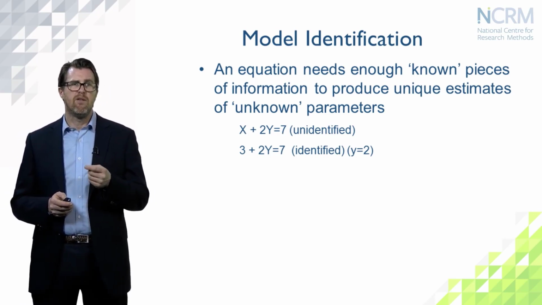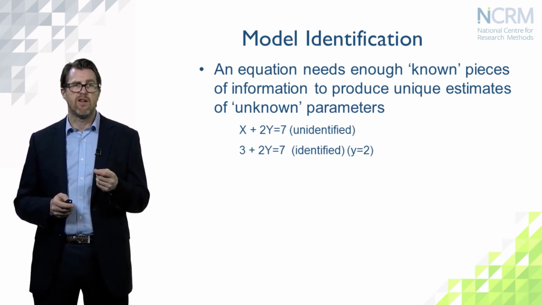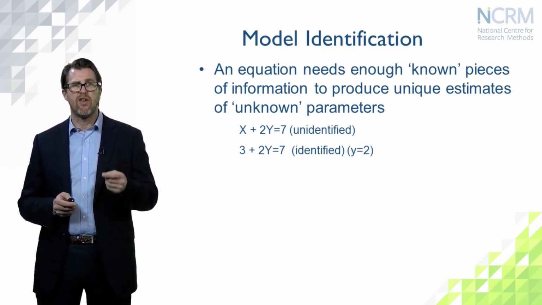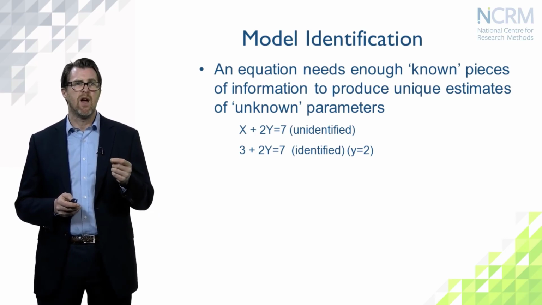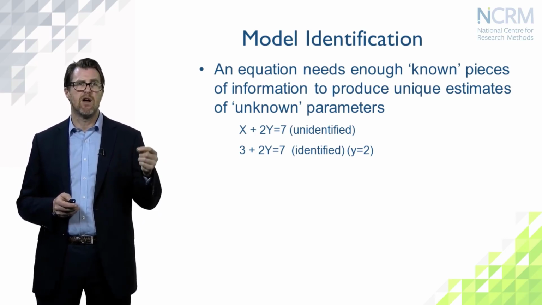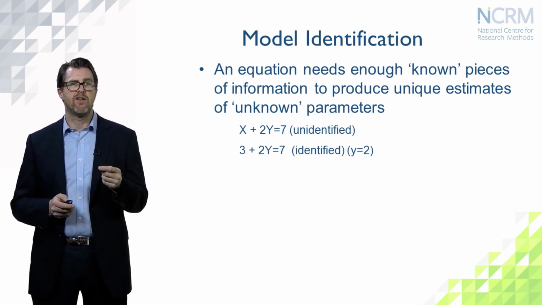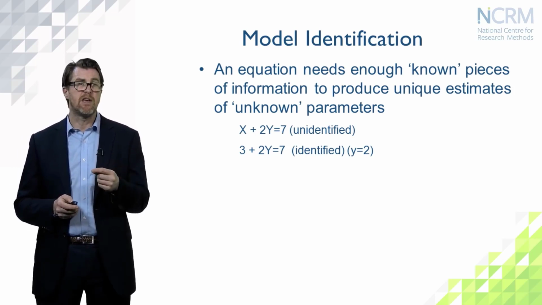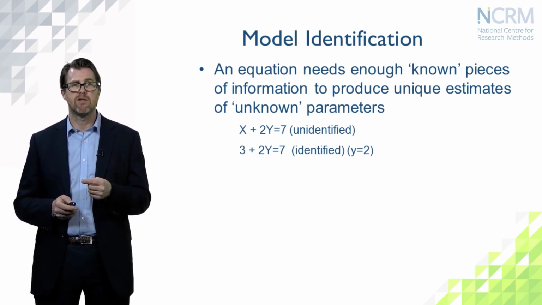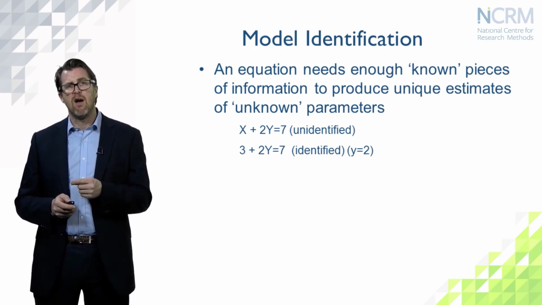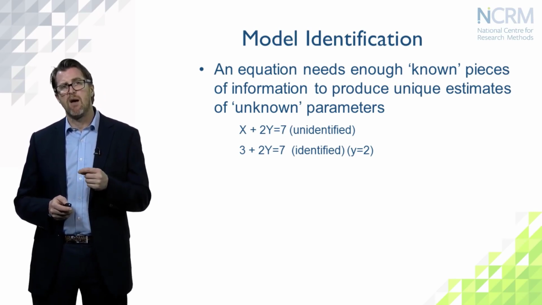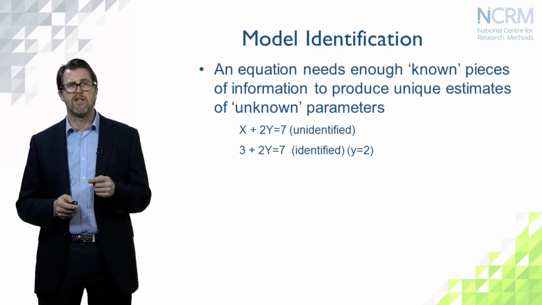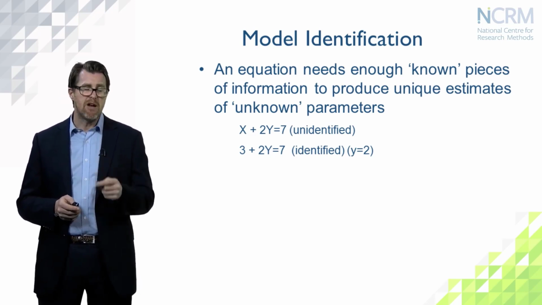Now there is something else to know about identification, which is that it's a theoretical property of the model. It's not really linked to the data as such, so we can figure out what the identification status of a particular model is without having any data or estimating any parameters. But it's also true to say that a model can be theoretically identified, but empirically unidentified given a particular set of data.